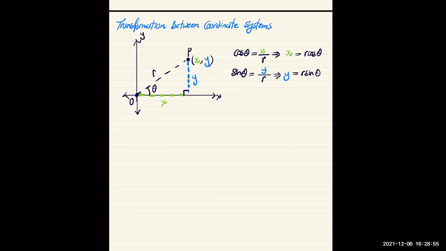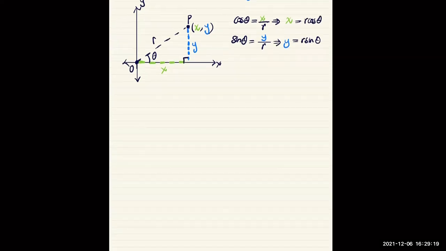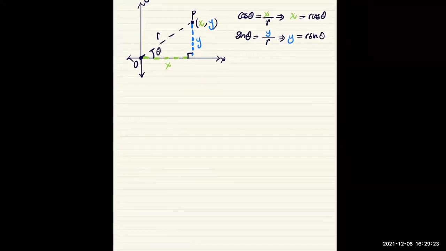If you want to go from a polar version of a point, which is R theta, R cosine theta gives you x, and R sine theta gives you y. So you have xy, which is the Cartesian or the rectangular form. So this is to transform from R theta to xy.